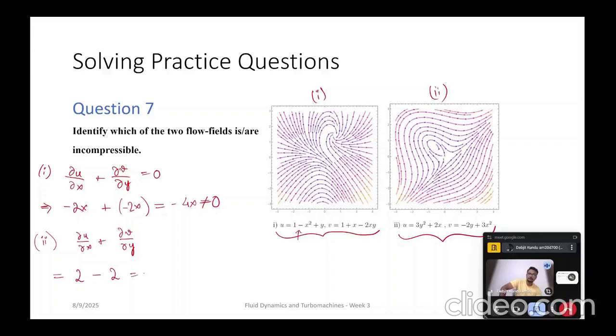And 2 minus 2 very simply is 0. So the second one satisfies the incompressibility condition. So this flow is incompressible, whereas the first one is not.